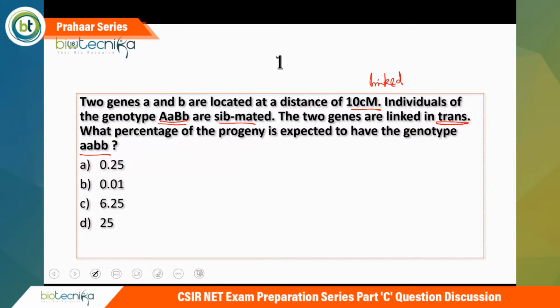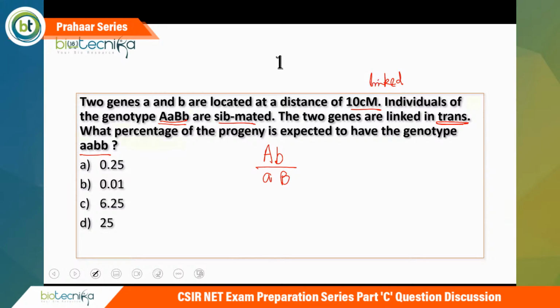Trans means the dominant allele of one gene is present with a recessive allele of another gene on one chromosome, and on the other chromosome the recessive allele of the first gene is present with the dominant allele of the other gene. This kind of arrangement is called trans.